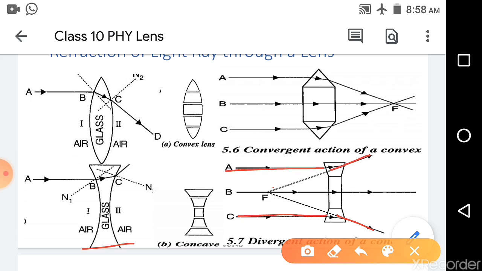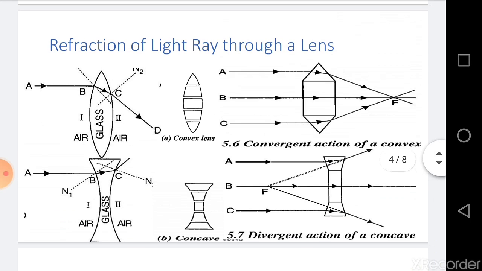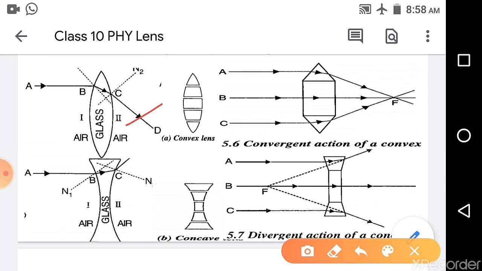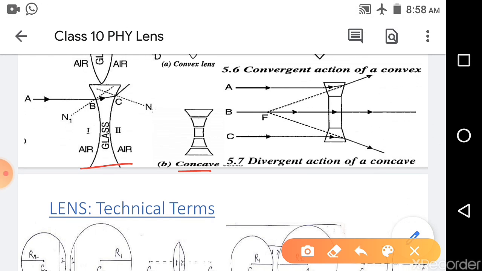They appear to be coming from a common point F, and this point is called F. That's why the convex lens is called a convergent or converging lens, and the concave lens we can call a diverging lens.